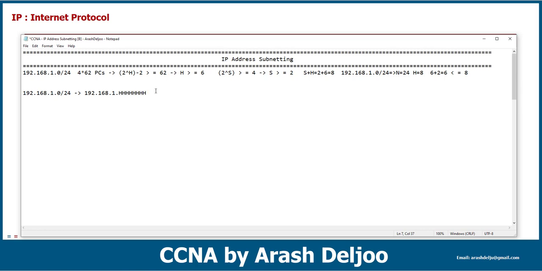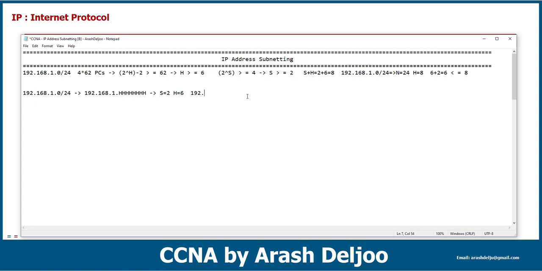After our design, we need 2 bits of subnet, and we need only 6 bits of hosts. You know that here we now have 8 bits of hosts, but for this requirement of 62 hosts we need only 6 bits of hosts. Because of that, we can give these 2 host bits to the network part. This is our design.